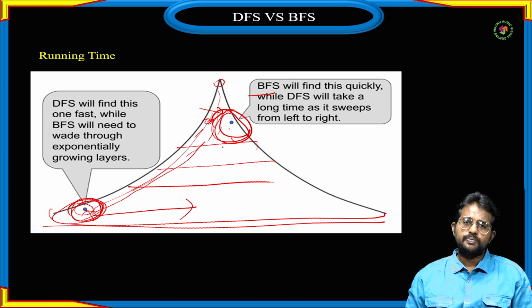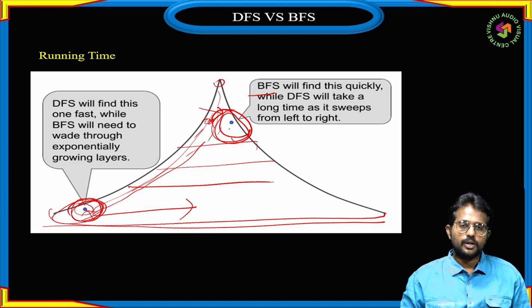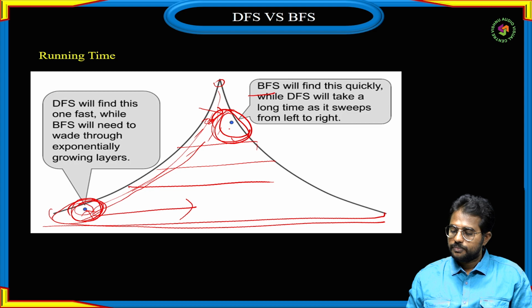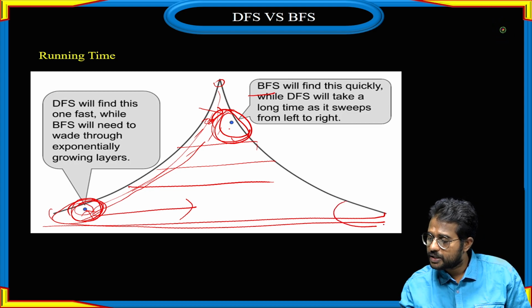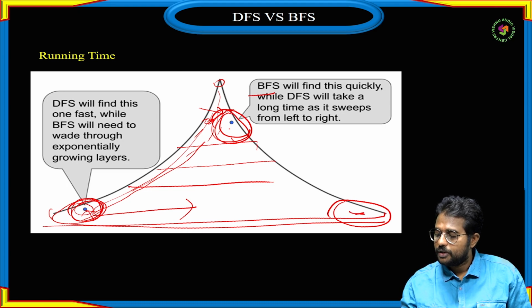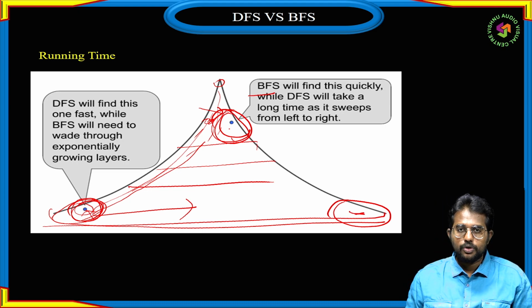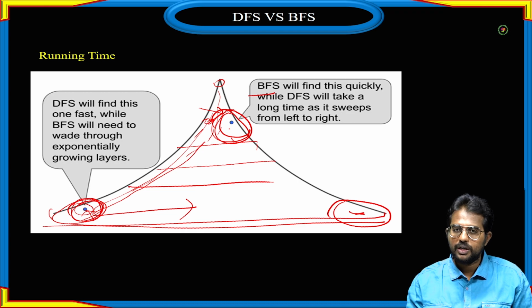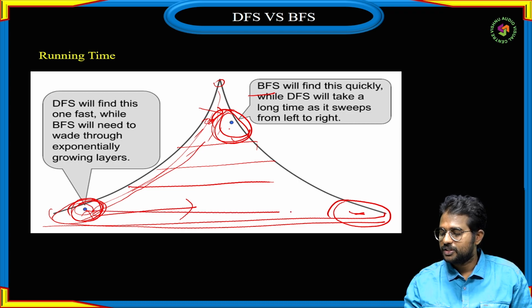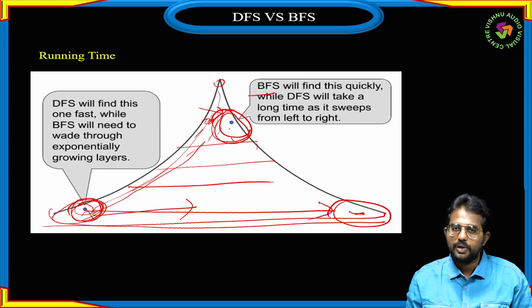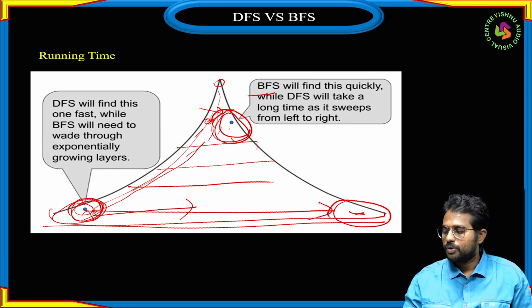And if the goal node in this search problem is present here, then whether you use DFS or BFS, it will take the same time, since the whole search tree has to be examined to get to this particular node.